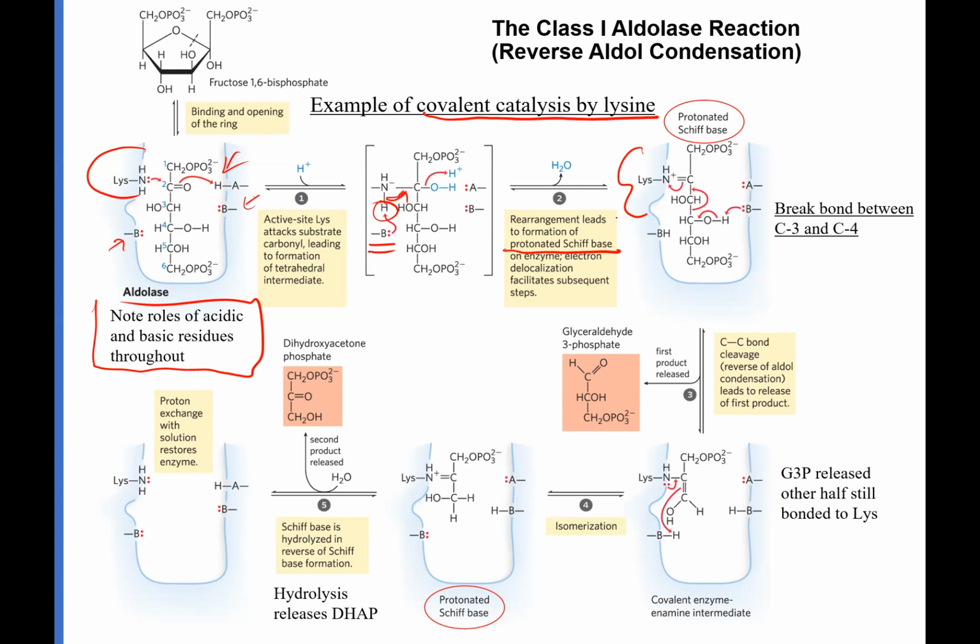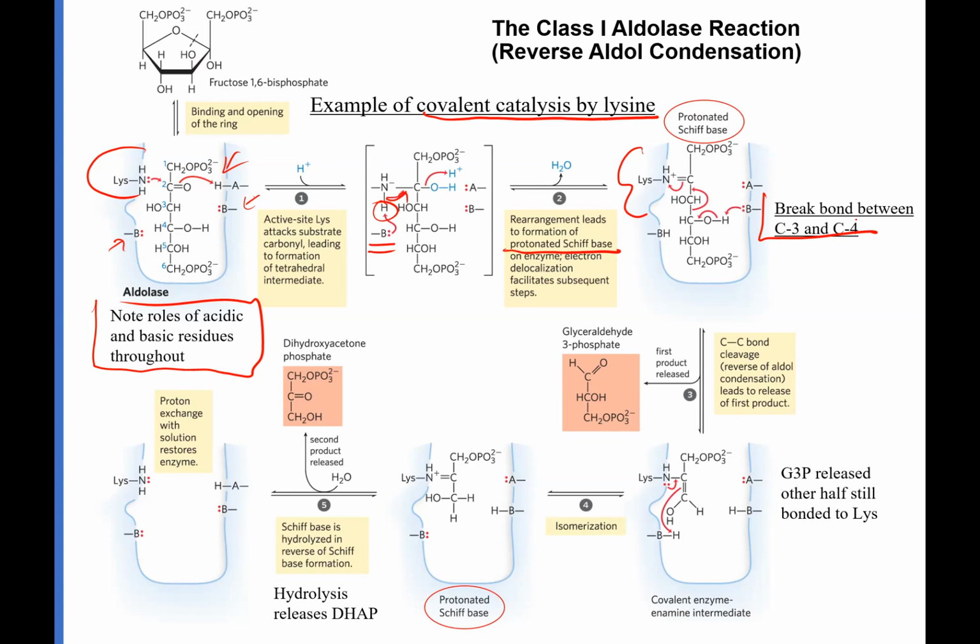And it sets us up. What this protonated Schiff base does is it sets us up to actually perform this carbon bond cleavage between carbon 3 and carbon 4 of our 6 carbon molecule, which is exactly where we want it, right?